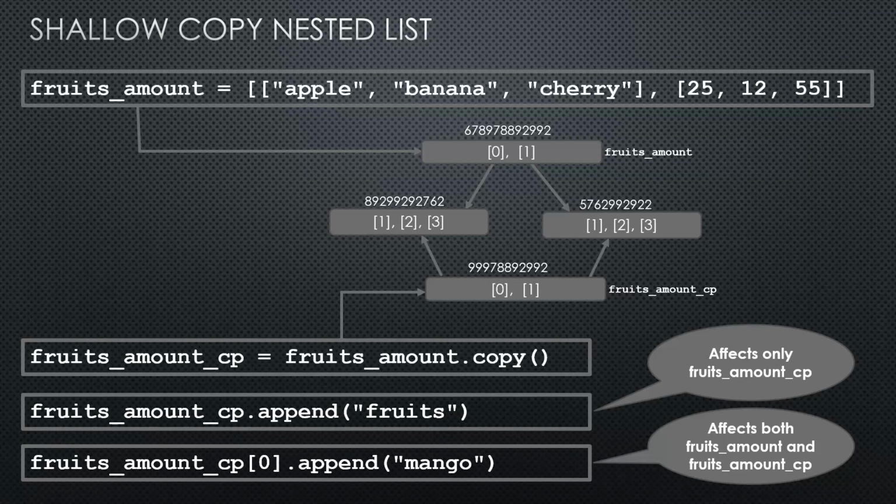If we want to decouple two nested lists, we need to use a deep copy.